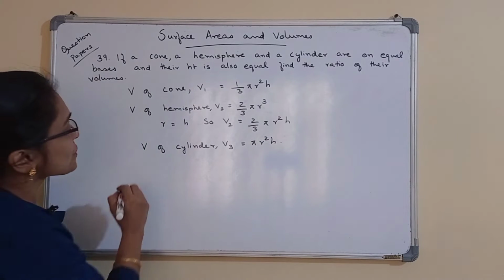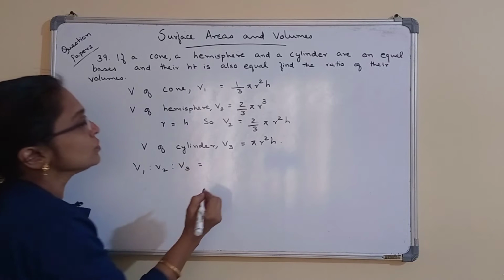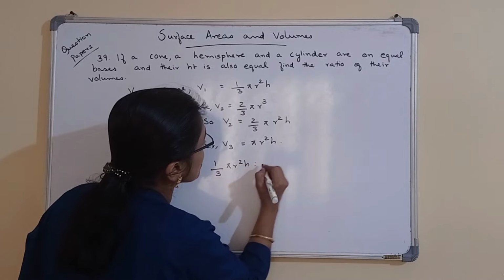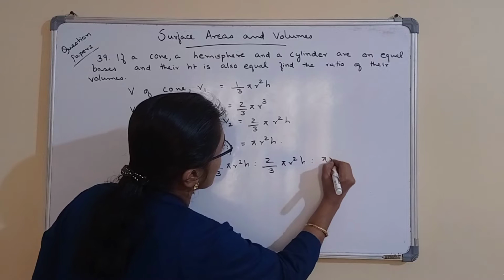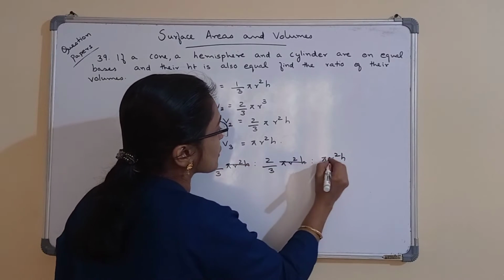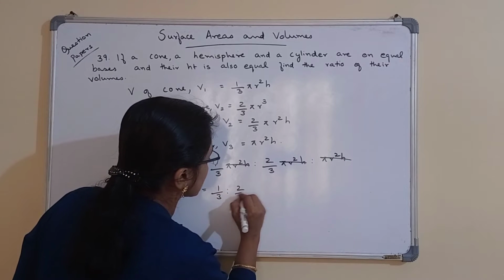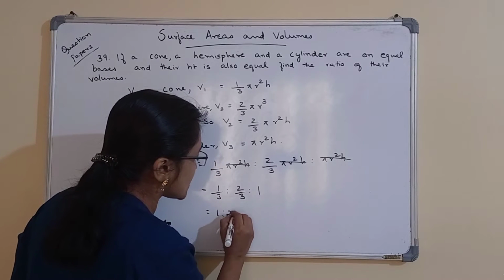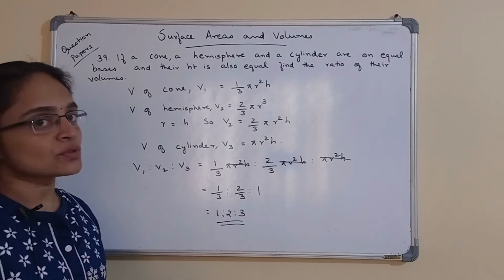So ratio V1 is to V2 is to V3 is equal to 1 by 3 pi r square h is to 2 by 3 pi r square h is to pi r square h. Pi r square h will get cancelled from all these, and we will get 1 by 3 is to 2 by 3 is to 1. And that is equal to 1 is to 2 is to 3. So the ratio is equal to 1 is to 2 is to 3. Okay.